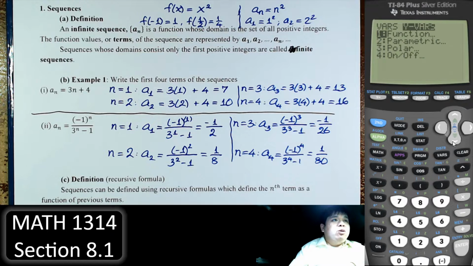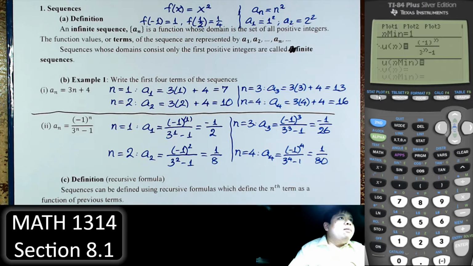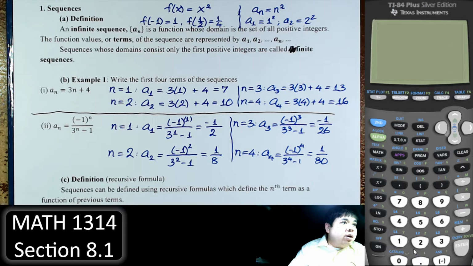Variables, y variable, function. Okay, sorry. Variable, y variable. So this is u, right? See above number 7 there's a little u, second, so that.